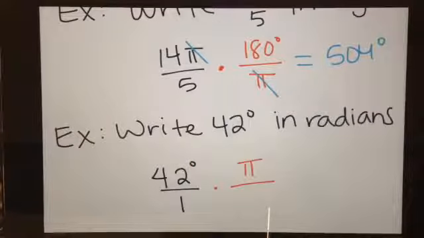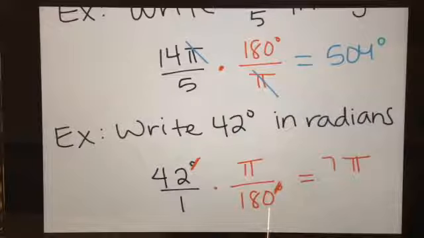So I'm going to multiply it by pi over 180 degrees, and my degrees are canceling there. And in my calculator, we always want these answers in terms of pi, so we don't want to plug pi into the calculator because that would give us a decimal. So in my calculator, I'm just going to plug in 42 divided by 180. I'm going to take that answer and turn it into a fraction. So the fraction there is 7/30ths. So in radians, this would be 7 pi 30ths.